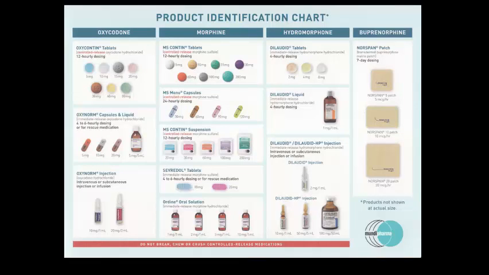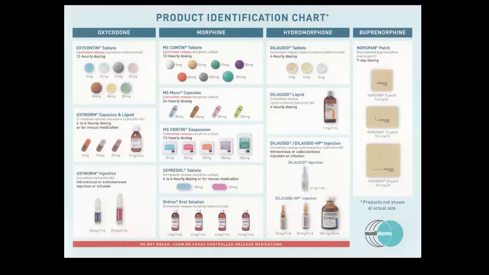So this is one company, Mundipharma, which makes MS Contin and OxyContin and Dilaudid. But they are by no means the only analgesic company. And you'll realise very quickly that the logic of the names changes between companies.